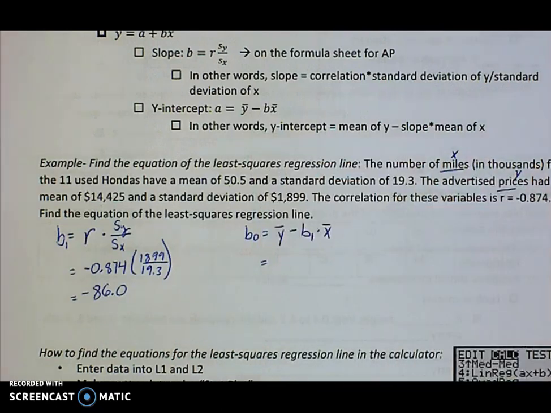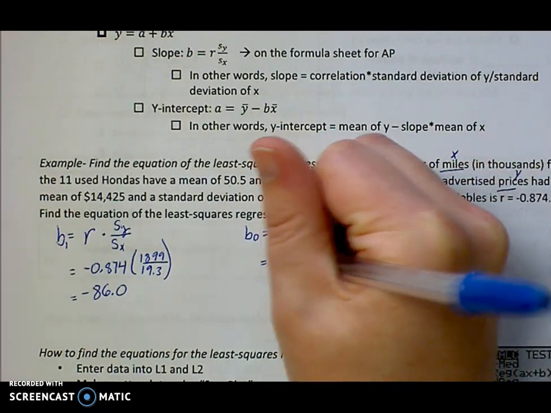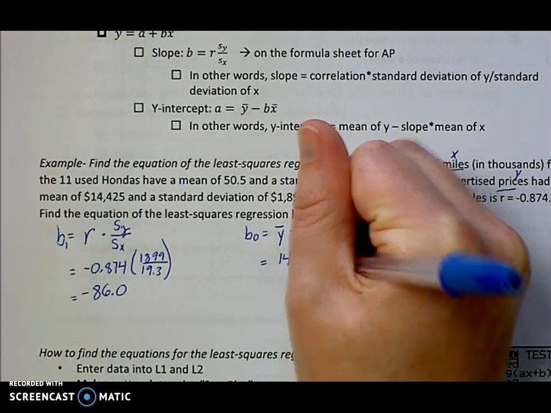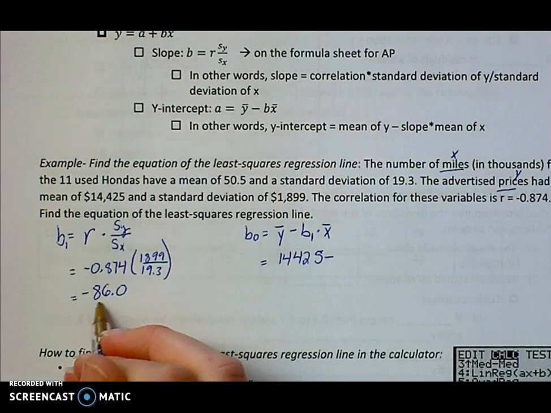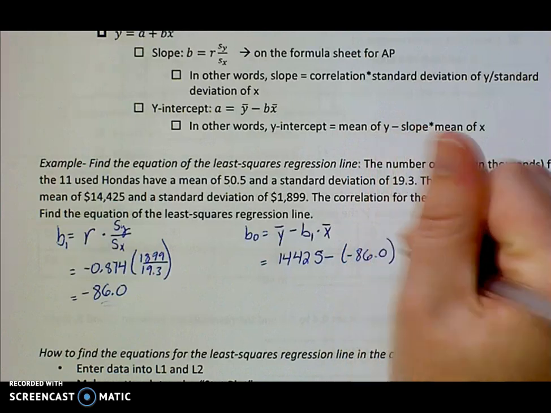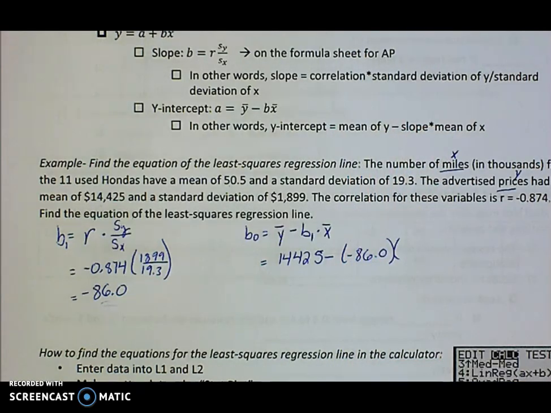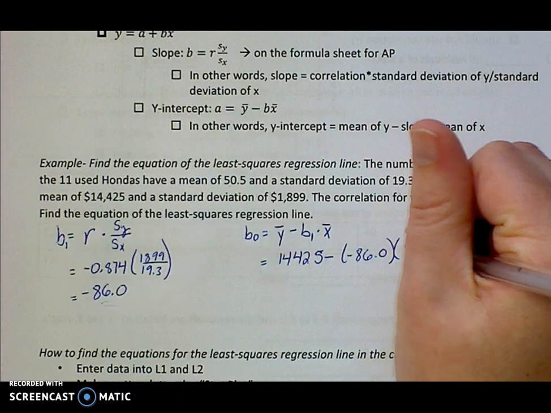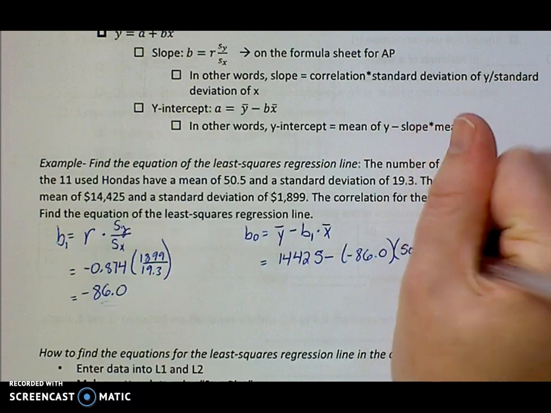So the mean of my y's was 14,425 minus this number I just found, so negative 86, times the mean of those x's, which was 50.5.